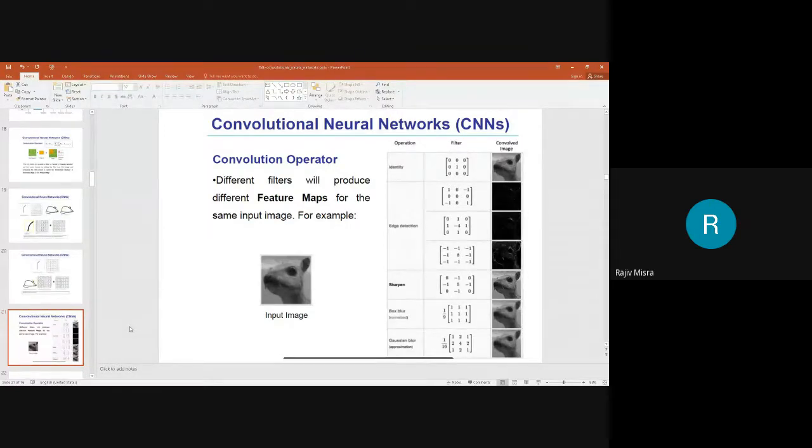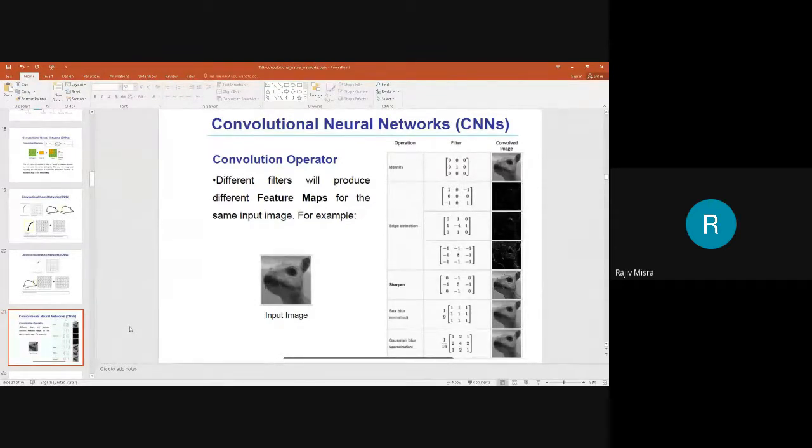This particular convolution operation has different functions. For example, there is a filter which is called the identity operation. You can see that if it is applied on this input image, you will get the convolved image in this manner. As far as edge detection is concerned, you have different kinds of edge filters.